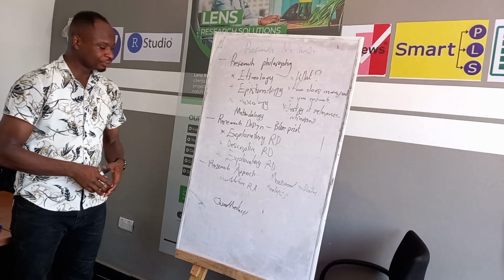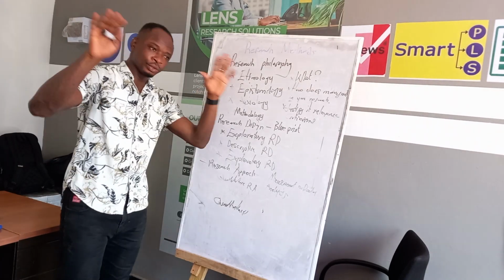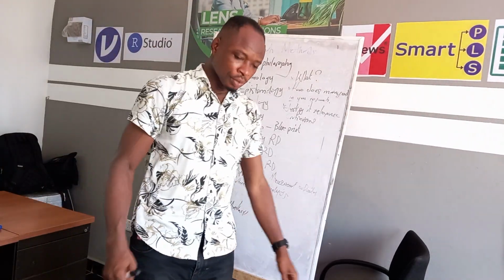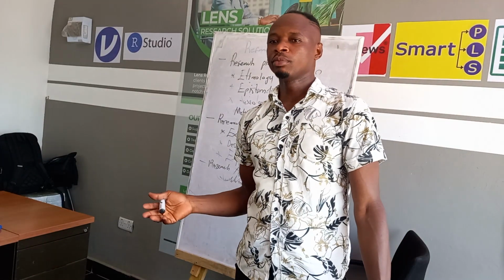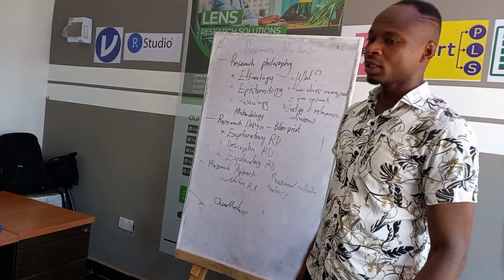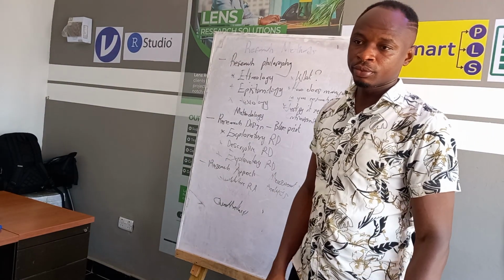So in quantitative research, which we are orienting you on or directing you towards, we use numeric data. Data that is in what? Numbers. How do you measure them? Usually most of the items are measured at the interval and also at the ratio level.